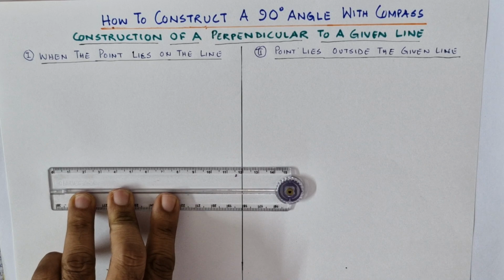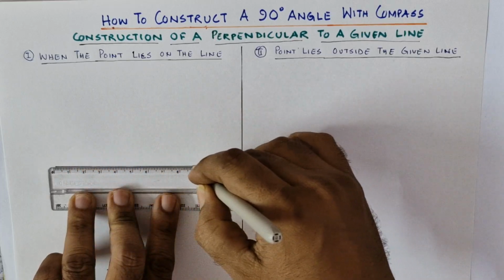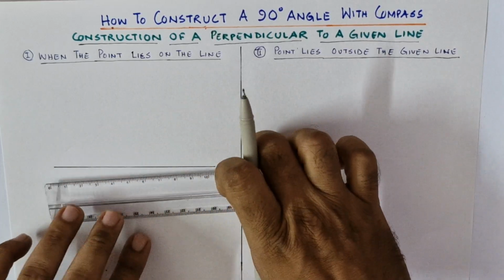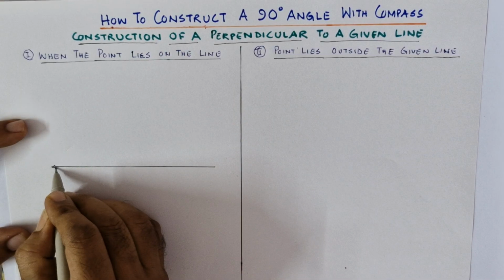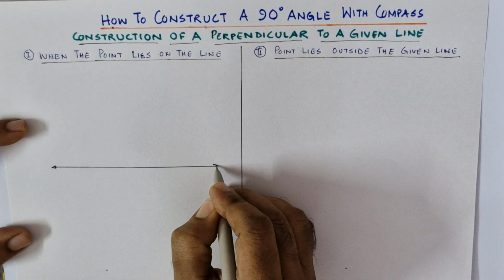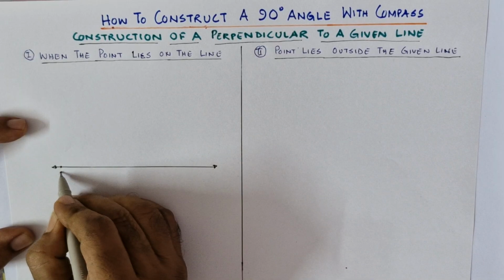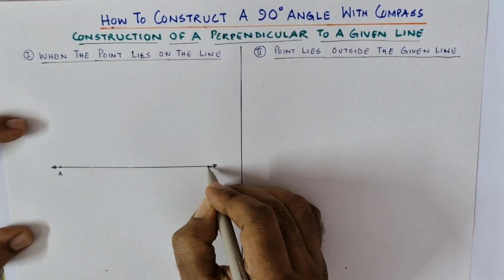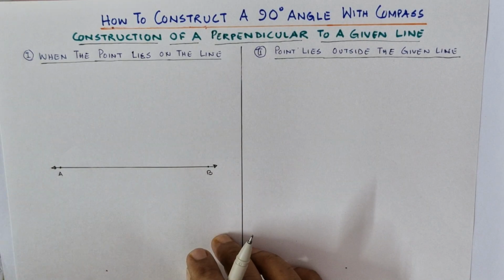So we'll just take a line of any length. Got it? We'll put two arrows at the ends of it and we'll name it A and B. So AB is the required line.